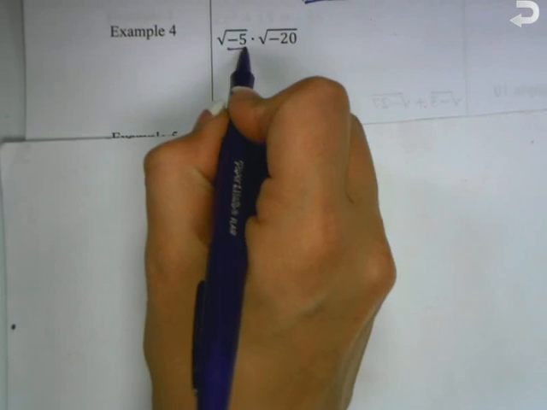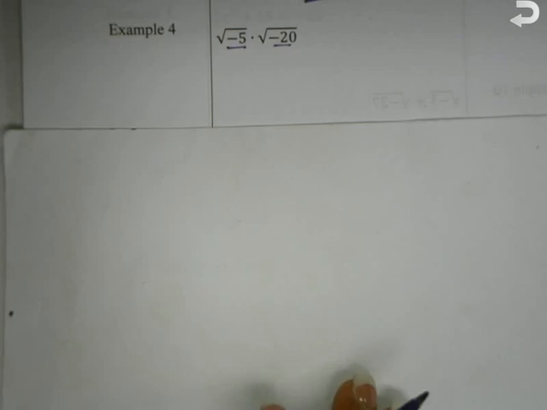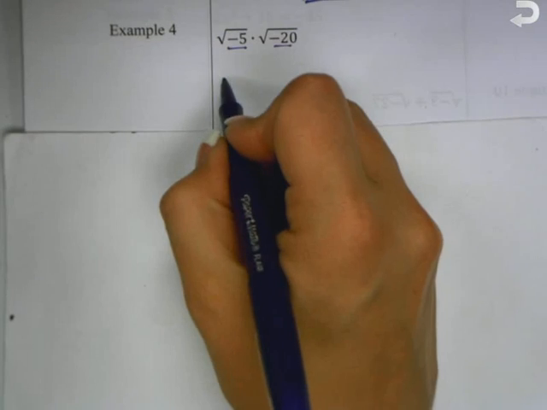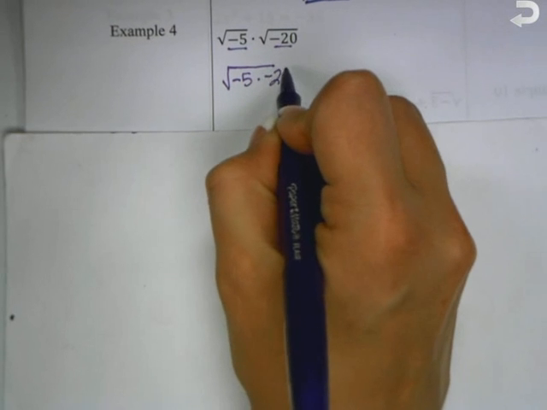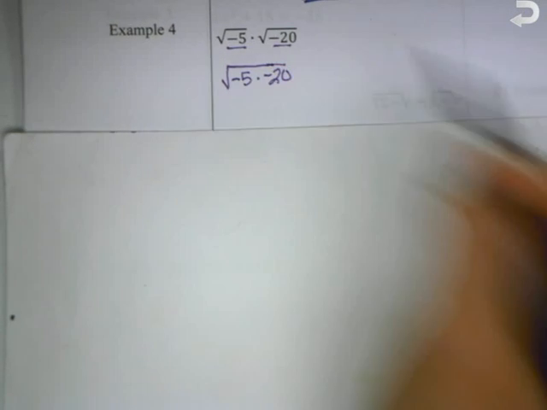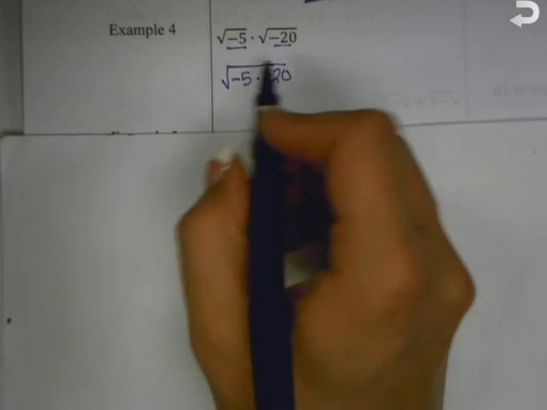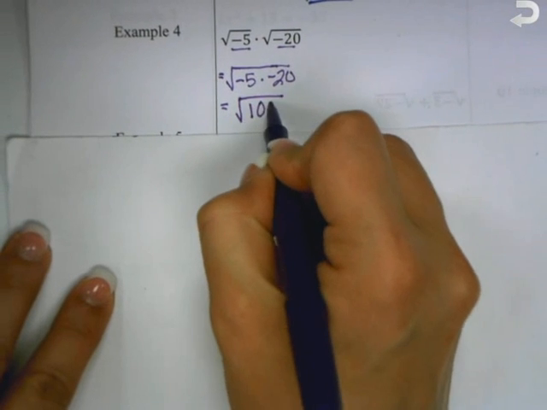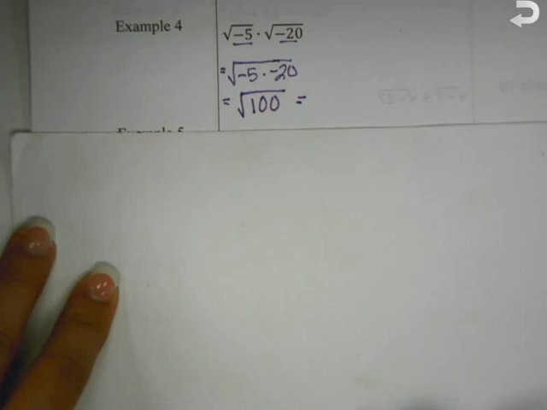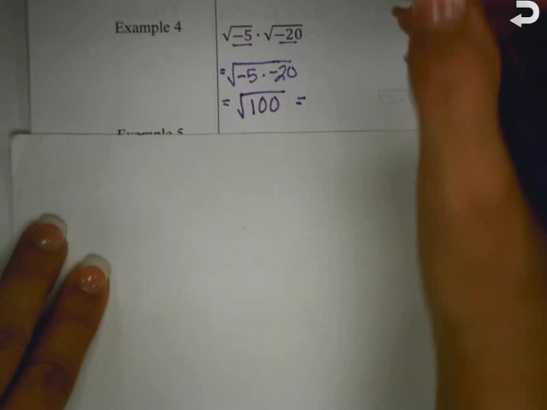I multiply the insides, right? So what is the square root of -5 times the square root of -20? That's square root of -5 times -20. And what is -5 times -20? Positive 100. And oh my gosh, that's a perfect square. What's the square root of positive 100? 10.